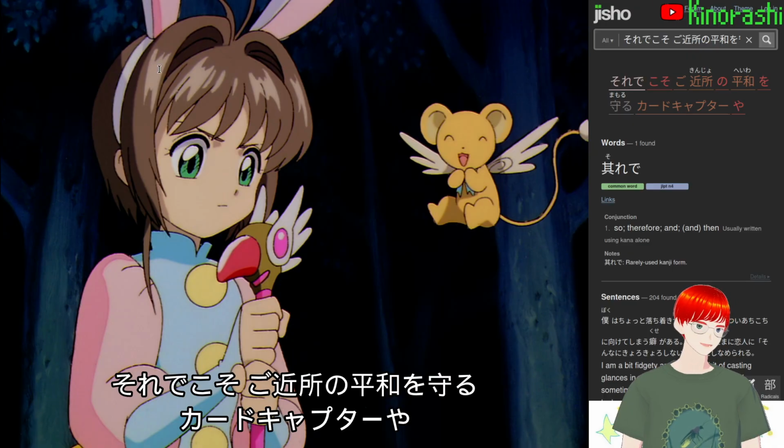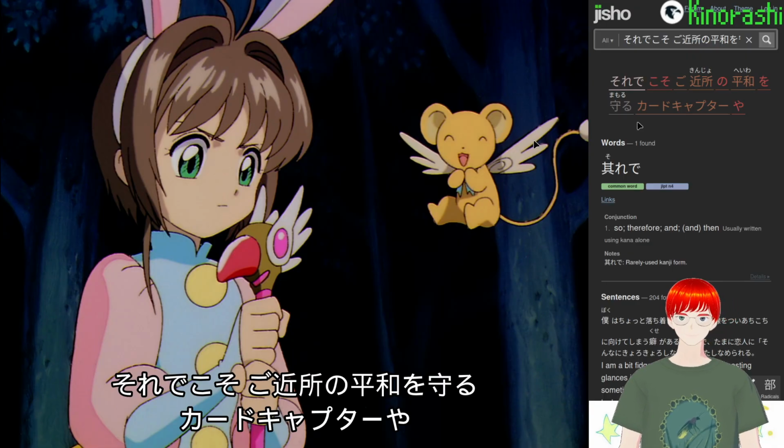So does that mean, is that part of another clause? Here's the final noun of the sentence, with ya being the sentence-ending particle.